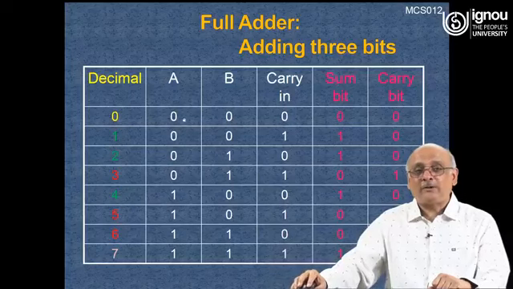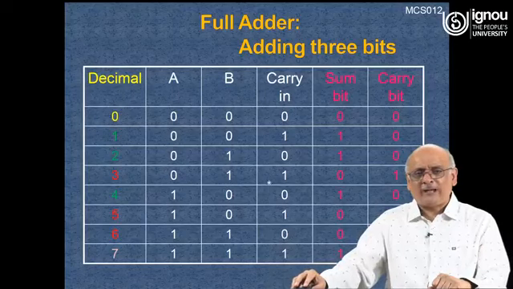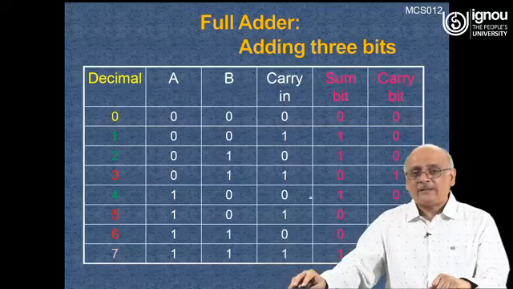So how is it going to be? For 0 0 the sum bit is 0. If the previous carry is 1, the sum bit is going to be 1 but no carry. This is 1 and 0, all right. In the case of 1 1, it is 0 and 1: the sum bit is 0 and the carry bit is 1. Once again, no problem here, similar to when 2 bits are being added.